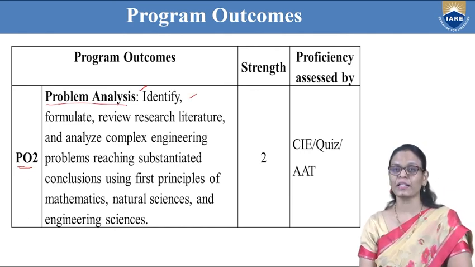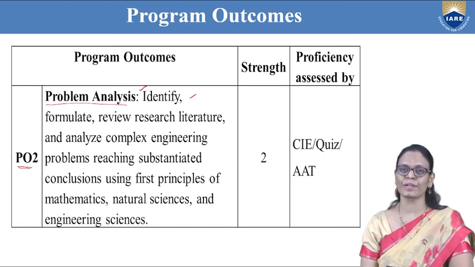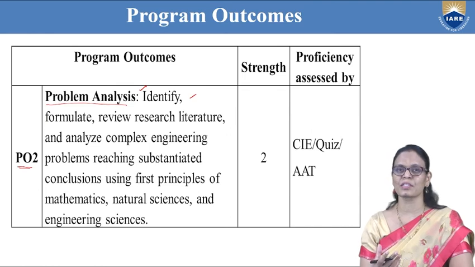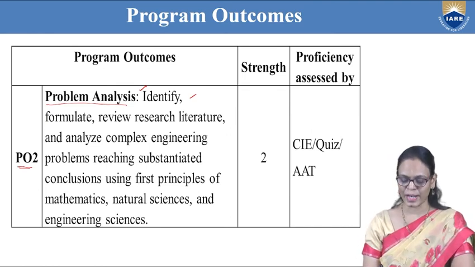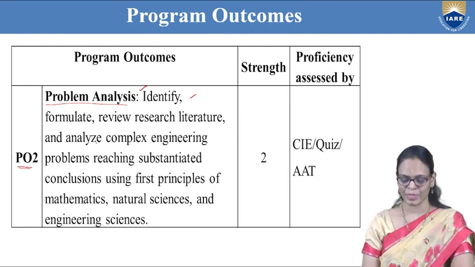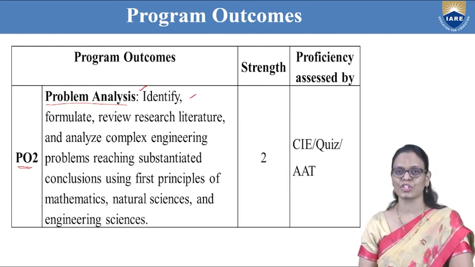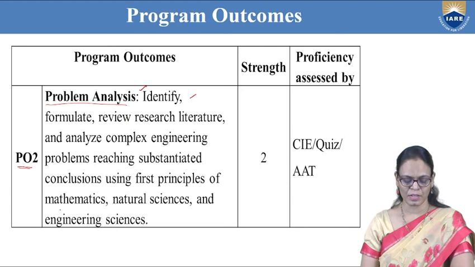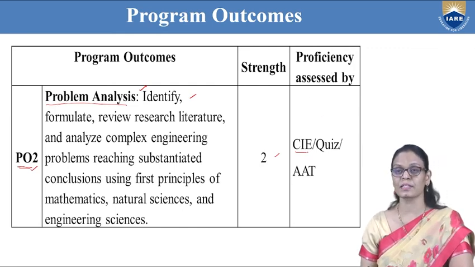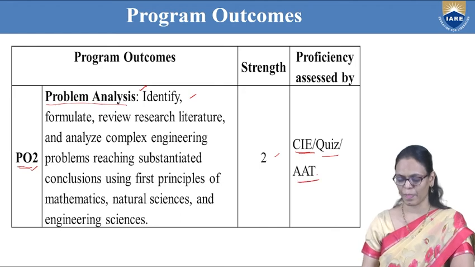Whenever they are doing numericals or analytical questions, they are able to identify, formulate, review and analyze the problem and reach a solution or find the answers. So that is how PO2 is being attained. The strength is 2. And again, the proficiency is assessed by continuous internal evaluations, quiz and AAT.